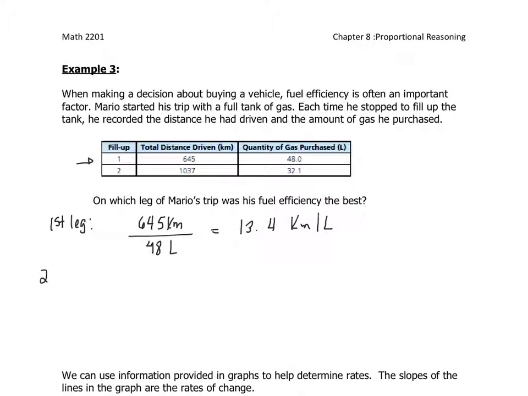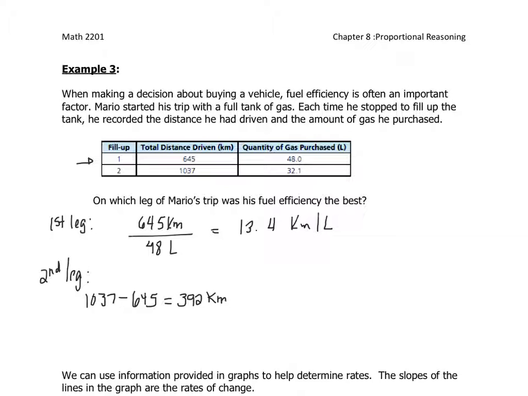And then the second leg of the trip, first of all, we have to find out how many kilometers. So it was 1,037 since he started the trip. So he had already driven 645. So the number of kilometers between fill-ups would have been 1,037 take off the 645, which is 392 kilometers.